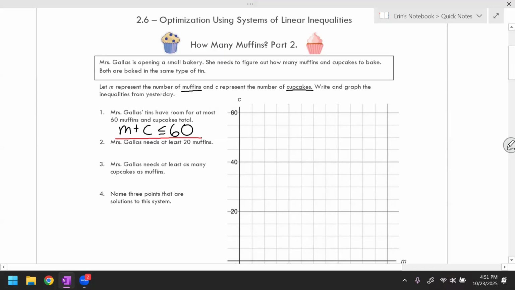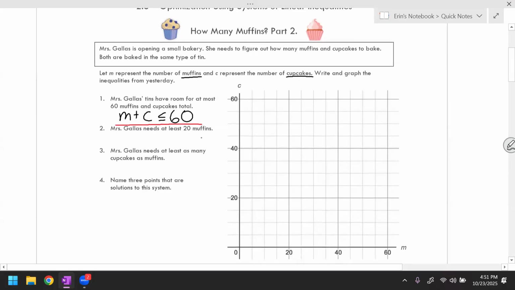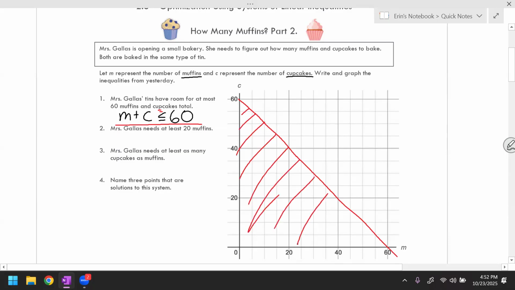When I graph this, either with Desmos or a calculator, or by turning this into an equal sign and figuring out which side I need to shade, I end up with a zone that looks somewhat like this. So anything in the red zone here fits into our muffin trays. I'm going to erase this just for now, but it's just going to be on this side here.